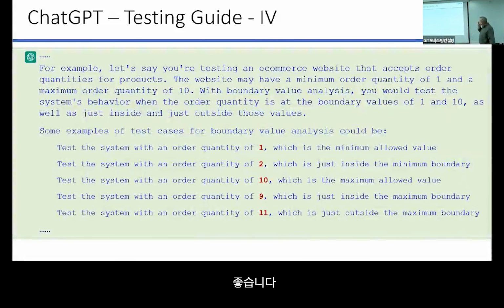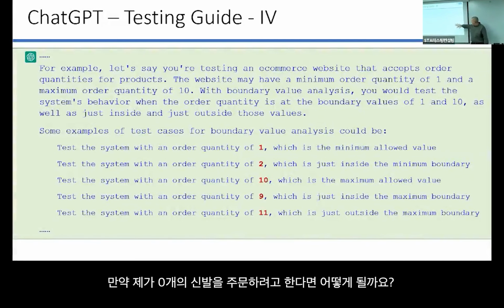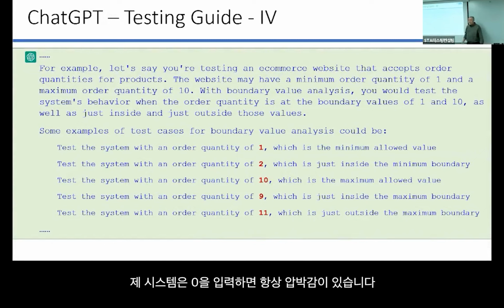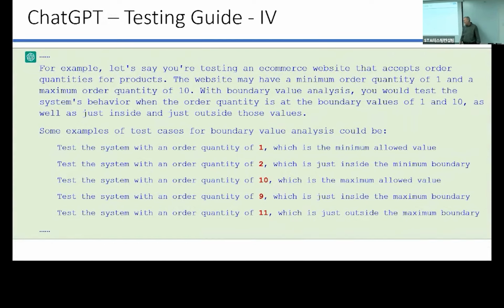And I'm thinking, well, that's really good. That looks good. But what happened to 0? My system's always crashed when I put 0 in. What if I tried to order 0 pairs of shoes? I'd want to test that, wouldn't I?